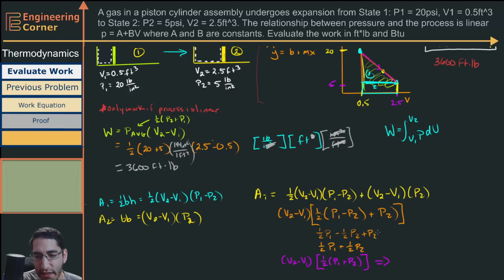This is our average pressure, so we can rearrange to get P average times V2 minus V1, which is the equation we used for work. It's just the geometric way of doing this because we are working with a trapezoid. So remember, this is valid only if the process of the thermodynamic system is linear.